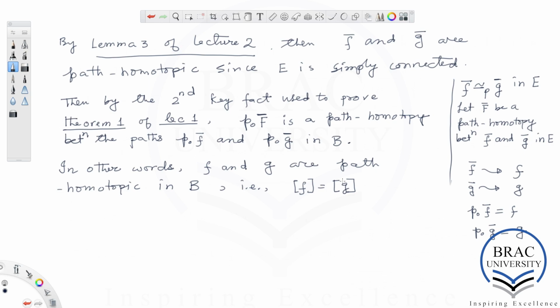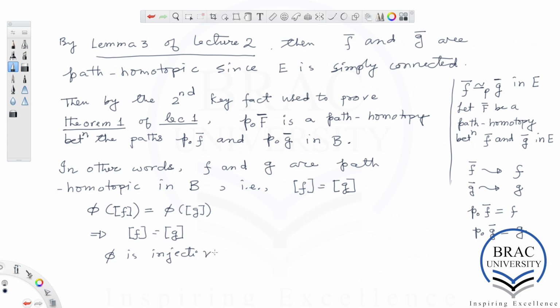Okay, so we started with the fact that phi of the class of F is the same as phi of the class of G, and we ended up proving that the class of F is the same as the class of G. Okay, which means that phi is injective.